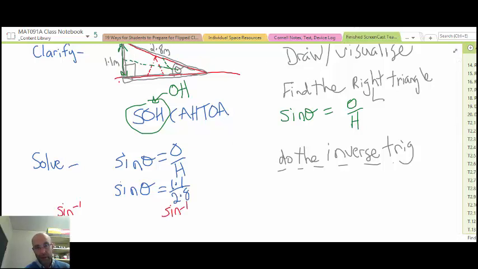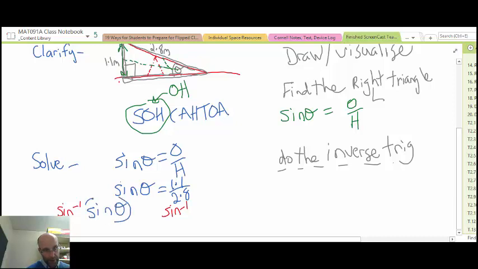Now we have to apply the inverse trig. We want to find theta, so we have to undo the sine theta. What we're really doing is inverse sining the sine, undoing it, so we've just got theta by itself, which means on the other side we have to inverse sine. See how they're both in red?